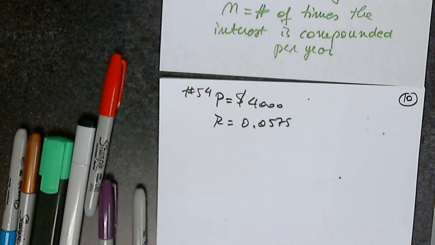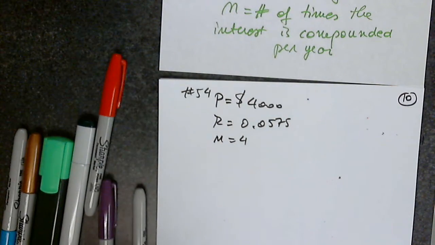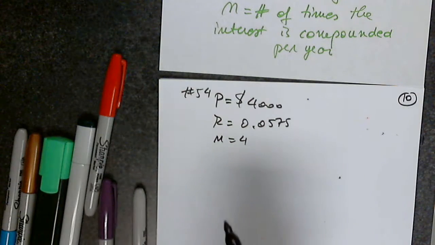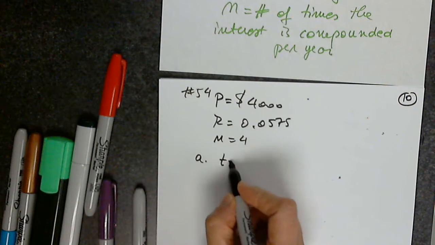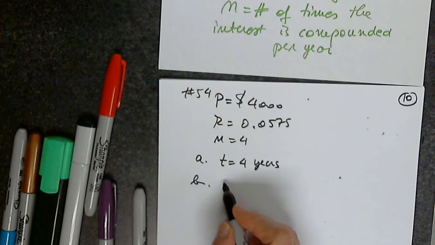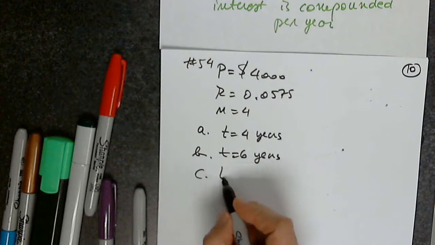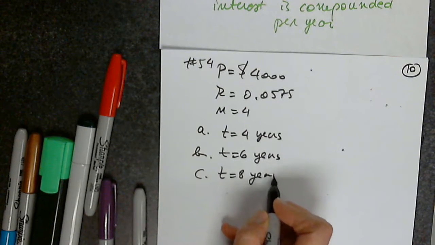Compounded quarterly. How many quarters are in a year? So n equals 4. Find the amount due at the end of the given number of years. Part A, t equals 4 years. Part B, t equals 6 years. And part C, t equals 8 years.